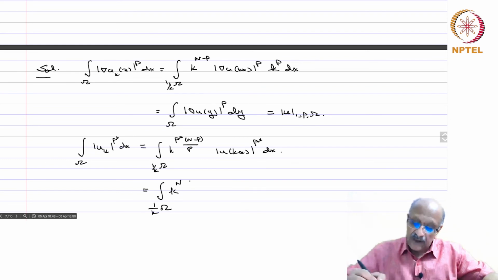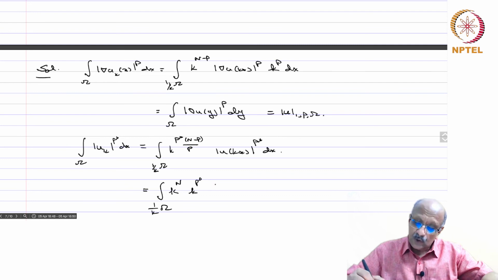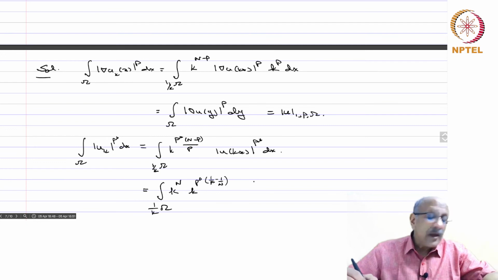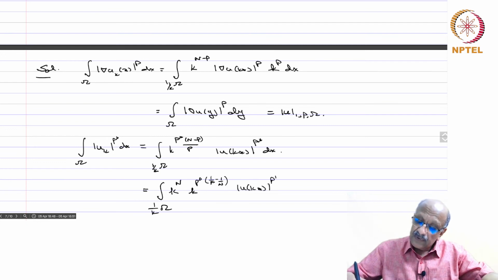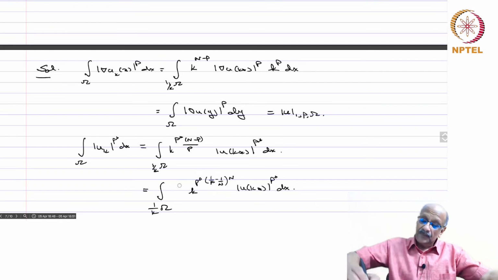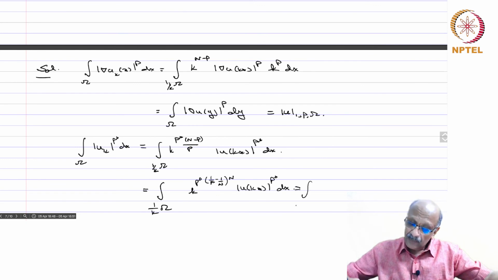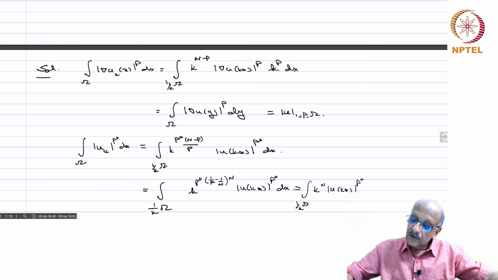I will take a k^n outside, and what remains is k^{p*}(1/p - 1/n), which is exactly p* times 1/p*. It cancels, so you just get k^n times mod u of kx to the power p* dx. Now 1/p* and p* cancel, so that becomes the integral over (1/k) omega of k^n mod u of kx to the power p* dx.